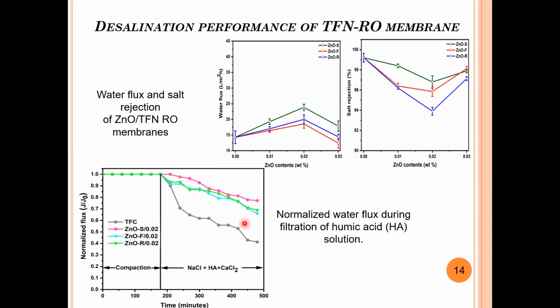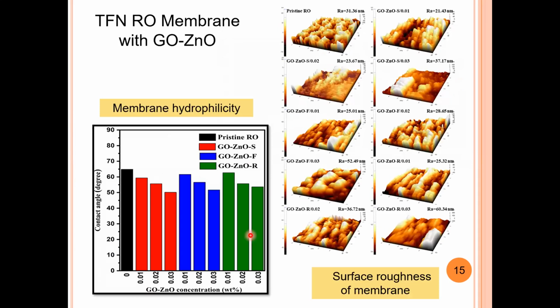To make the fouling really happen, we used the humic acid solution along with calcium fluoride and NaCl. We added it, then we found out that it is really performing good compared to your pristine membrane. And coming to GO ZnO, because GO and ZnO together will produce higher hydrophilic functional groups, increased hydrophilicity, and higher affinity of the ZnO nanoparticle to facilitate water absorption.